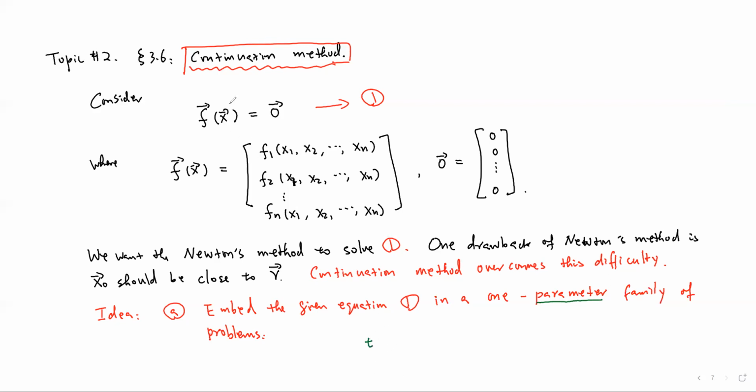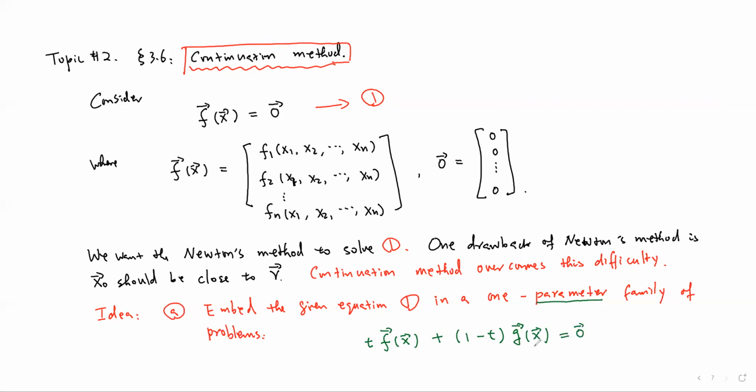Then the function from equation 1 is f(x) plus (1 minus t) times g(x) is equal to 0. t is a scalar, a number, a parameter.